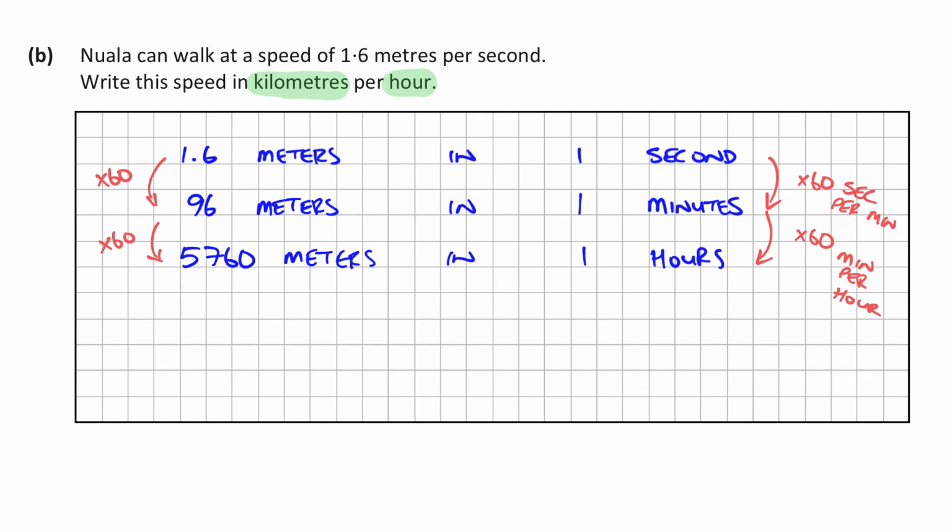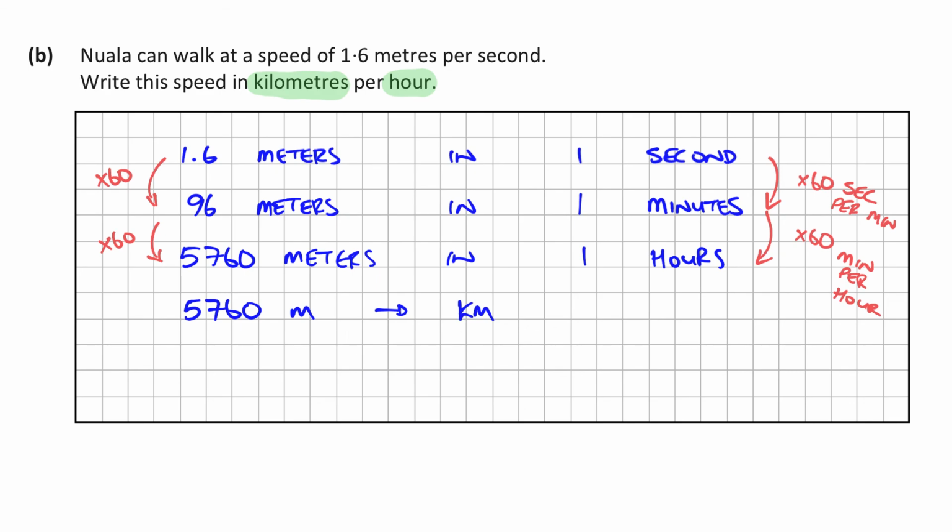Okay, but I don't want to know how many meters. I want to know how many kilometers. So I know that to convert 5,760 meters to kilometers, all I do is I divide by 1,000 because there's 1,000 meters in a kilometer.